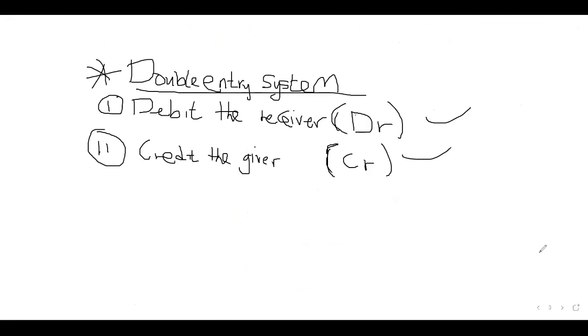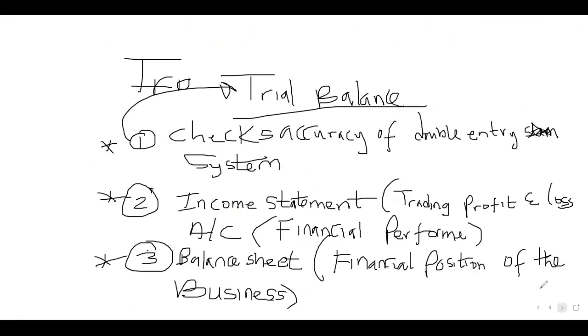Creditors have a credit balance. So this is just about what goes on as we look at these two parameters. You really need to understand the aspects of this accounting treatment.